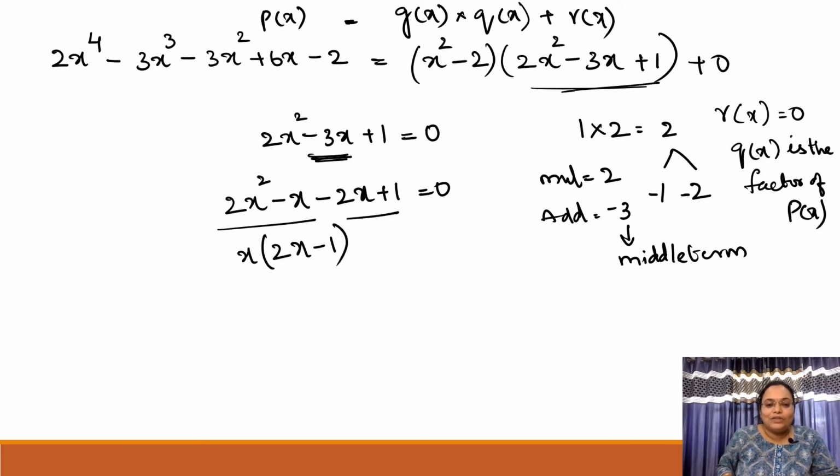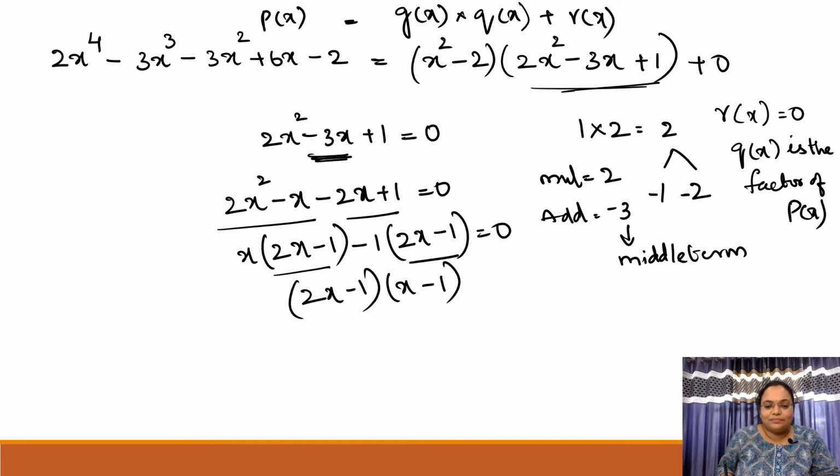And from the next two terms, if I take minus 1 common, which is 2x minus 1. So 2x minus 1 is common, and the remaining is x minus 1, equal to 0. So 2x minus 1 is equal to 0 and x minus 1 is equal to 0.